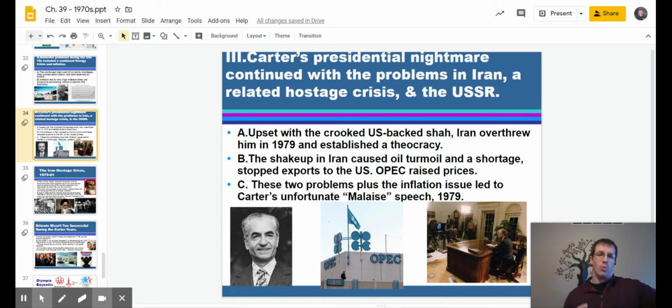Now, what this does for our purposes here is, again, there's more turmoil in the Middle East that causes a continuance of that oil shortage. There's also OPEC, which you see the picture there in the middle, which is the Organization of Petroleum Exporting Countries. It's a cartel. It's a legal cartel, essentially.